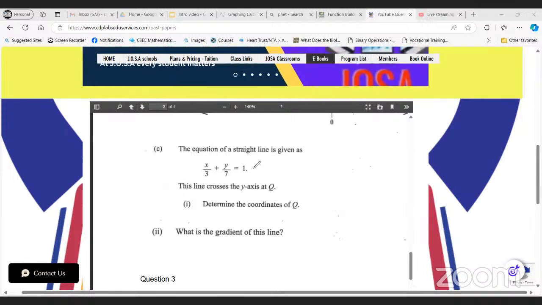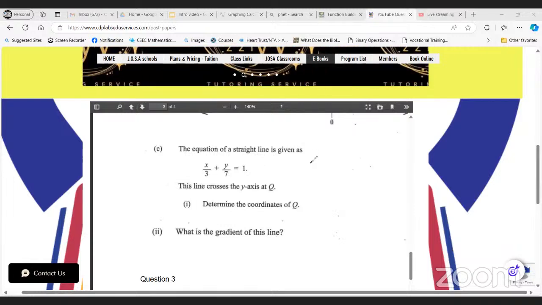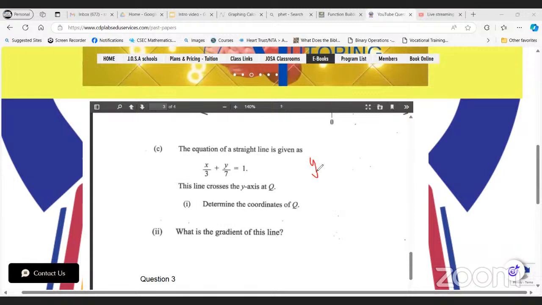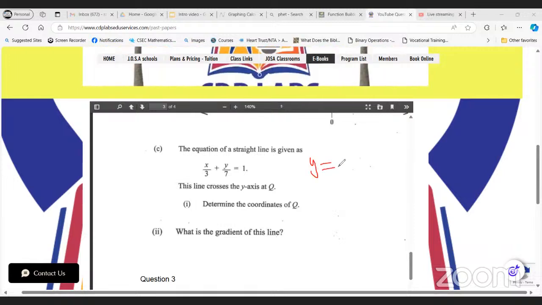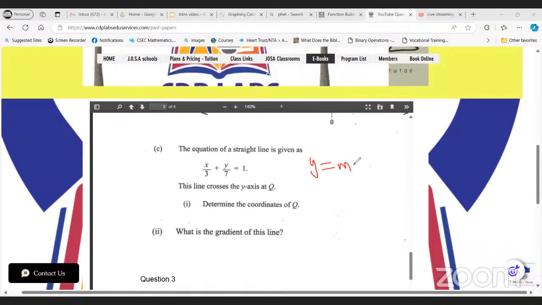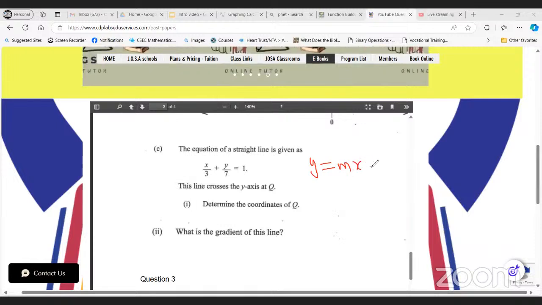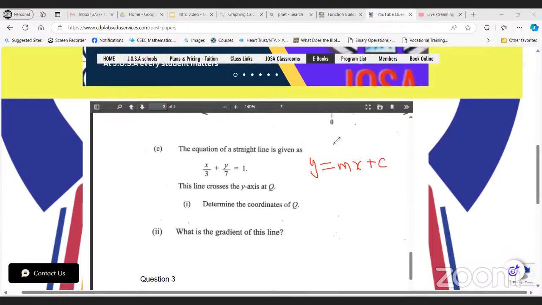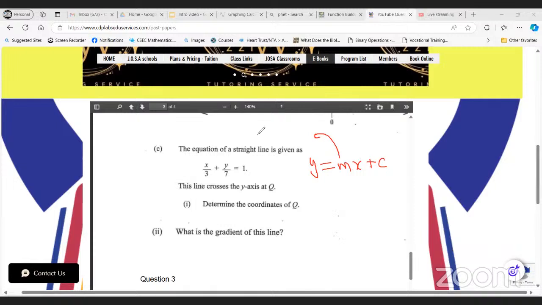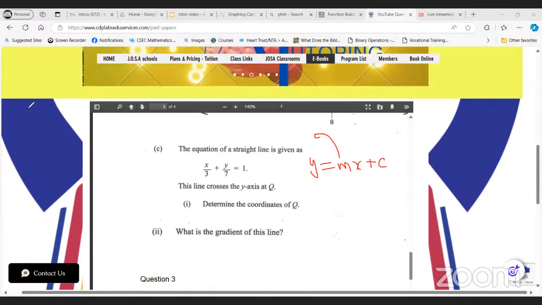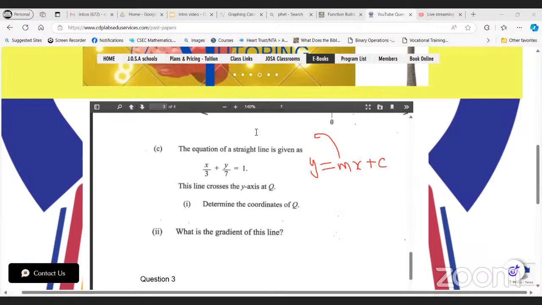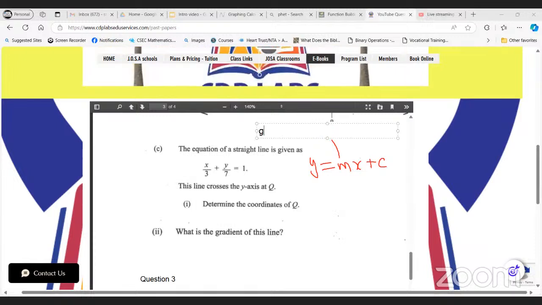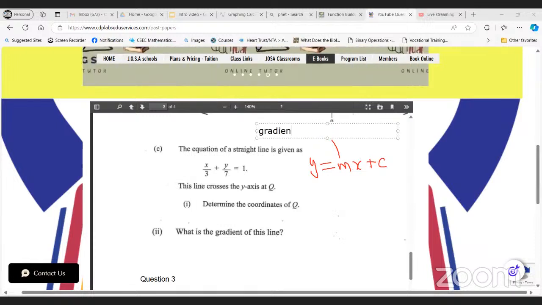All right, so let's now continue. So the equation of the line is y equals mx plus c. Now, m is what we refer to as the gradient. So m is the gradient, or the slope.